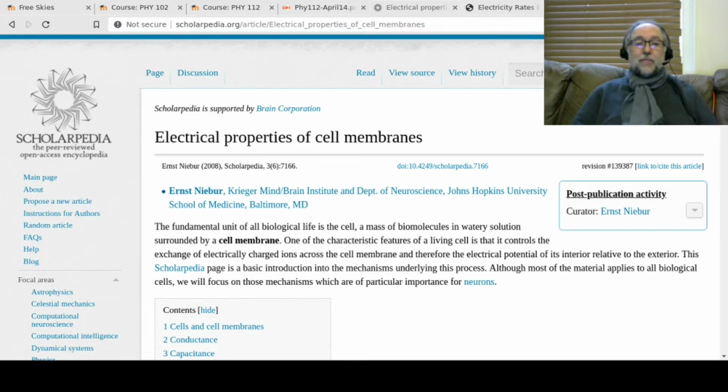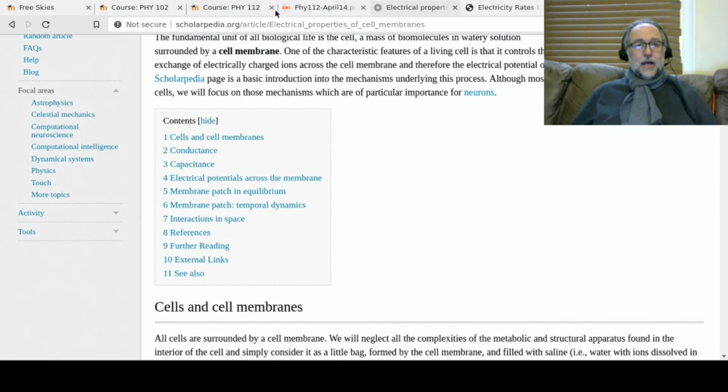It's kind of like Wikipedia, but for scholarly type subjects, and you can see the electronic properties of membranes. If you scroll down here to the subjects, you'll see there's conductance, capacitance, and so on. Well, instead of conductance, you can think about resistance. So resistance and capacitance, that's exactly what we're going to be studying today.